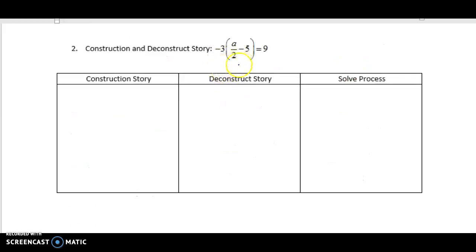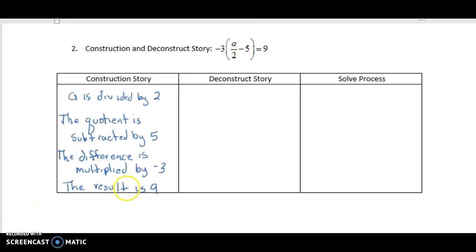Okay, here's a second problem, a very similar problem. So just take a minute, pause the video, and write your own construction story based on what you see here. Okay, we have our construction story, so now we're going to write our deconstruct story. Our deconstruct story is that we're going to start with 9.